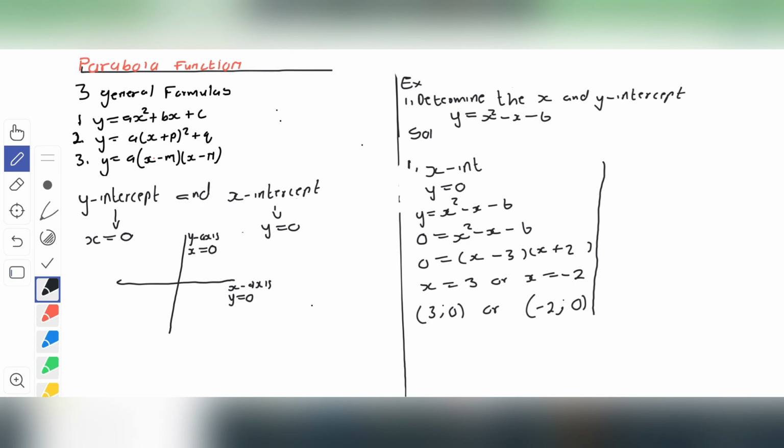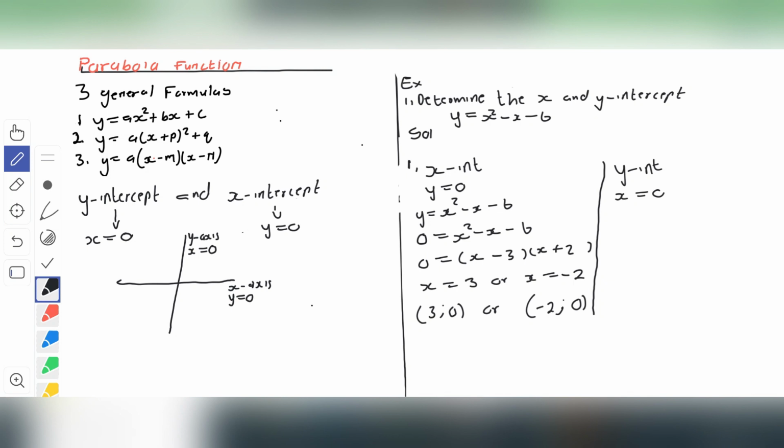So now let's talk about the y-intercept. For the y-intercept we let x equal 0. We find this from the definition of the y-intercept, which says the y-intercept is the point where the line crosses the y-axis, and when the point crosses the y-axis, our x is always equal to 0.